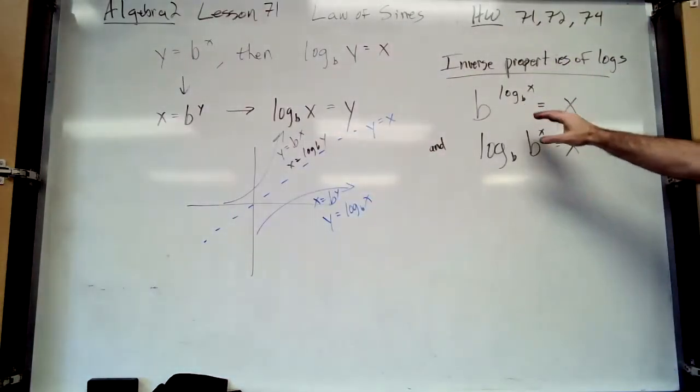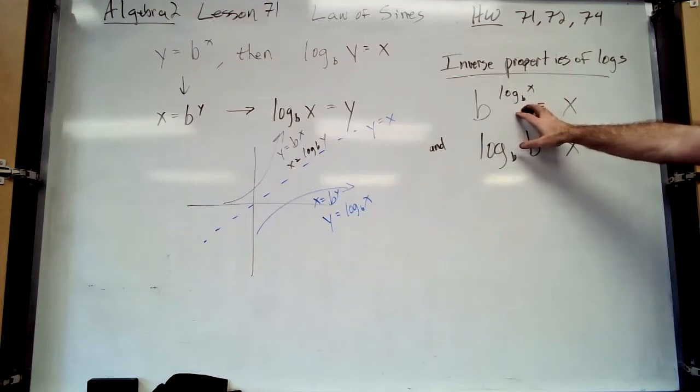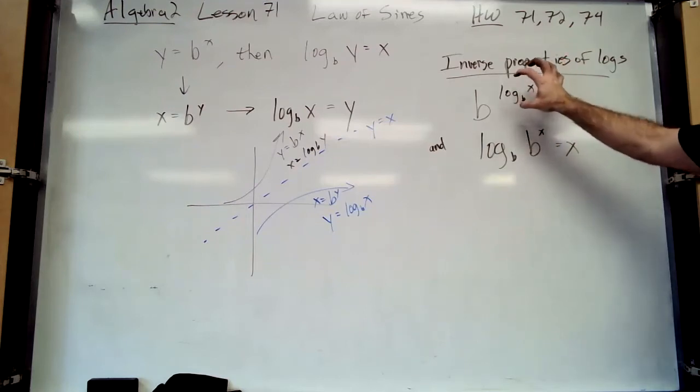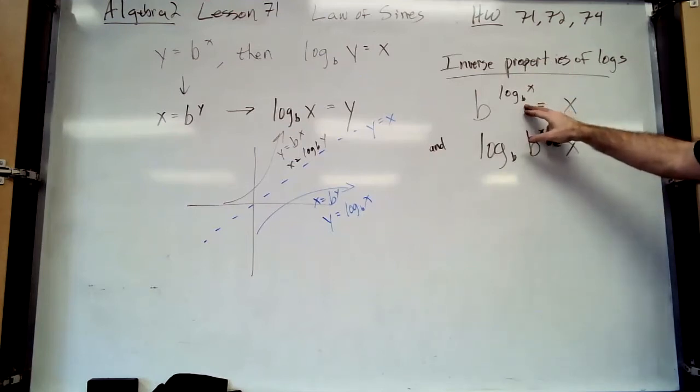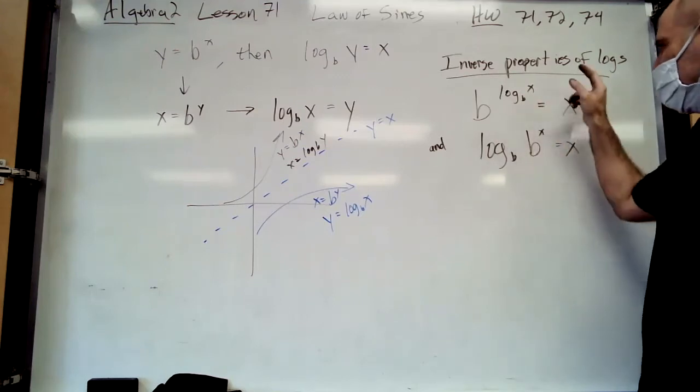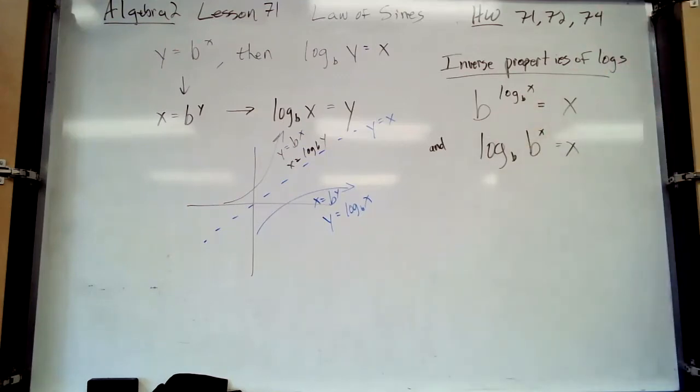So basically, the exponent of this base would have to be x. So log base b, in order to get basically back to x. Okay. So write those down. These are a lot easier to just remember or to refer to in your notes than to explain. Okay.